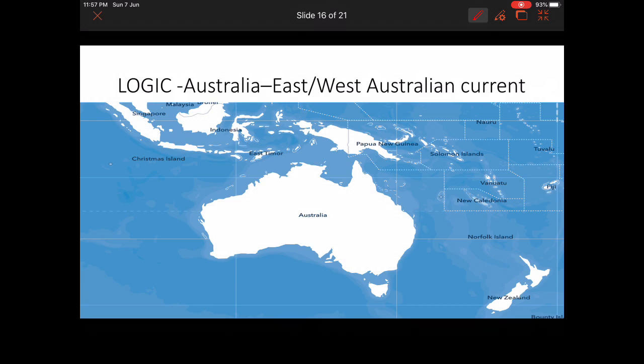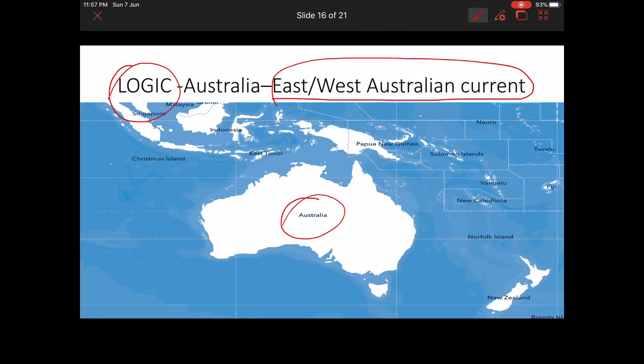Okay, and I will explain the logic to understand whether East or West Australian current is warm or cold. It is an easy method. Okay, here you can see Australia, right? And this is the eastern part and this is the western part. That's pakka. And here you can see the equator goes along around here. Okay, and as we all know, south equatorial current moves like this, right?